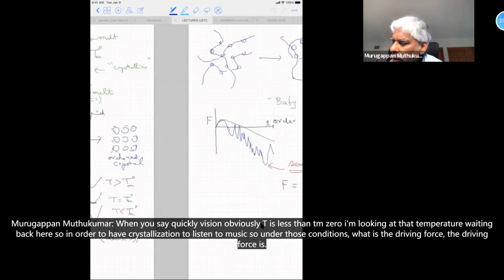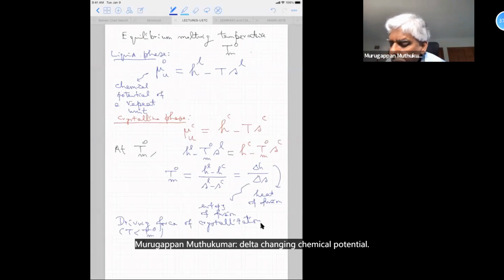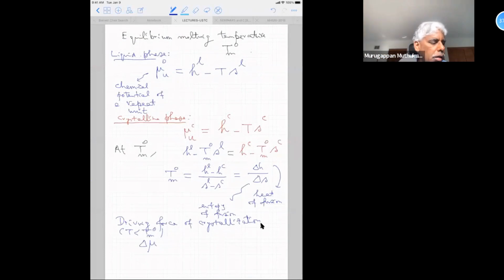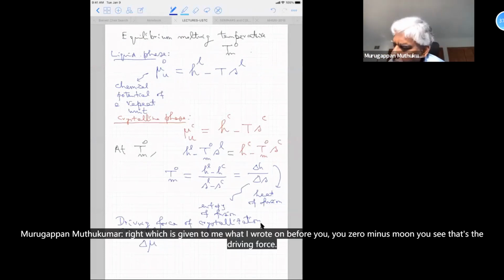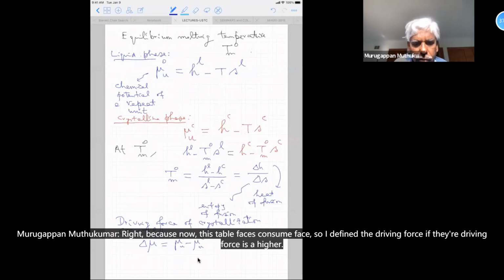So under those conditions, what is the driving force? The driving force is delta mu, the change in chemical potential, which is what I wrote down before, mu 0 minus mu c. That's the driving force, because now the stable phase is the crystalline phase.